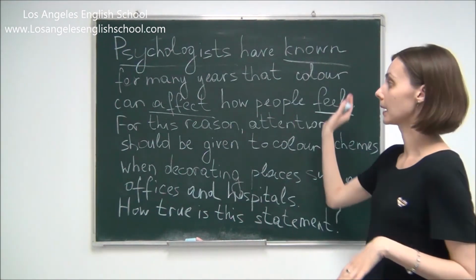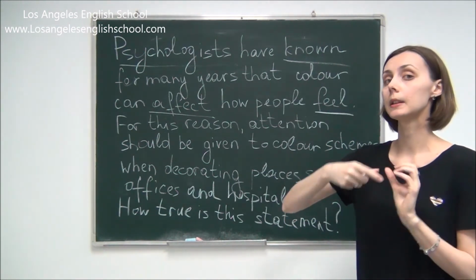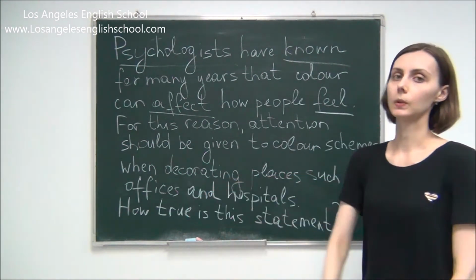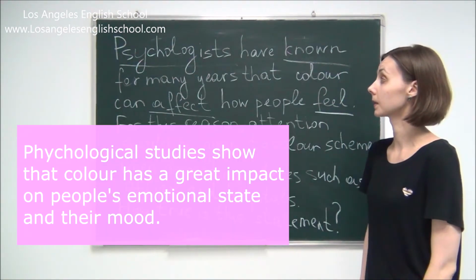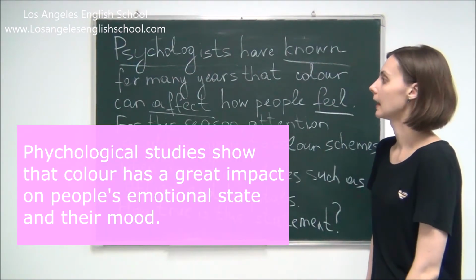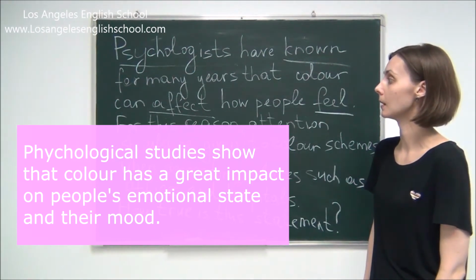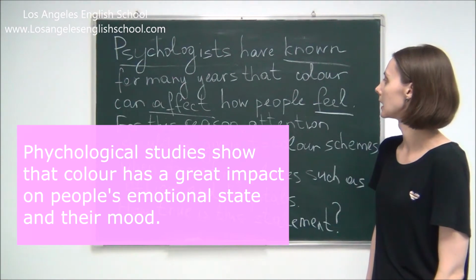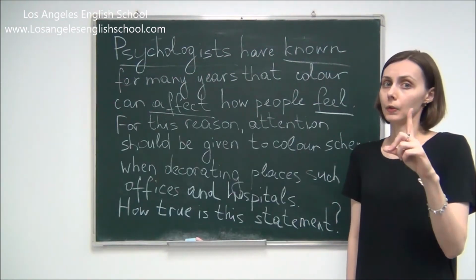So you rephrase as many words as possible. Make a similar sentence but using different words. Let's have a look at my example. Psychological studies show that color has a great impact on people's emotional state and their mood. It is the first part of your introduction.